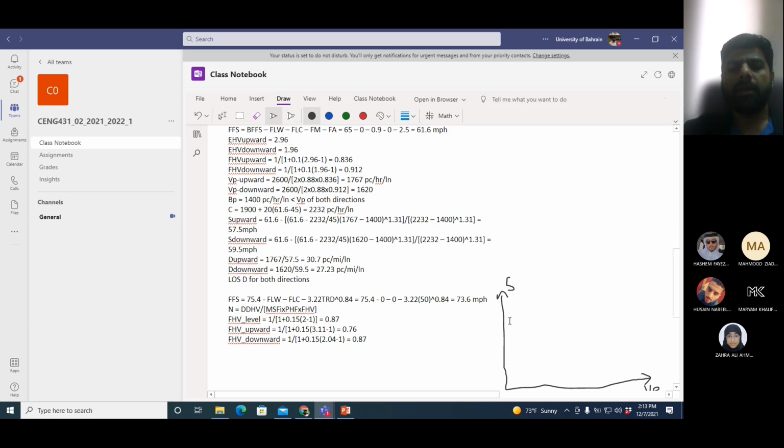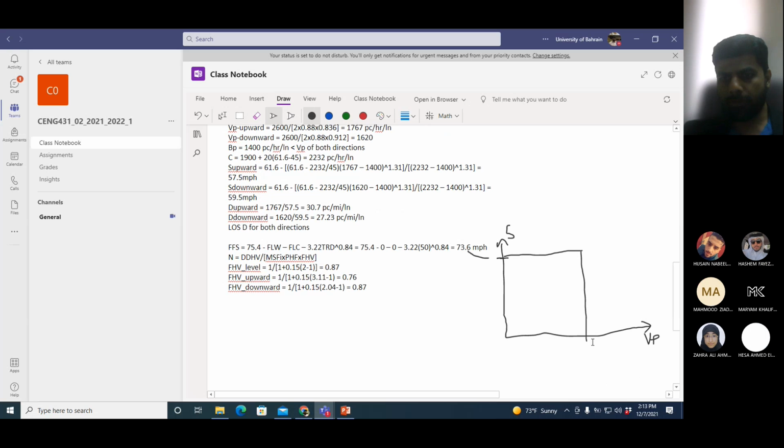Now this graph should start from FFS. So FFS is already calculated. So the first value of the graph will be FFS. From this point onwards, you will draw a straight line. It doesn't look straight, but believe me, I am trying to draw a straight line. Draw a straight line up to what point? Up to a point which we call a breakpoint, BP.